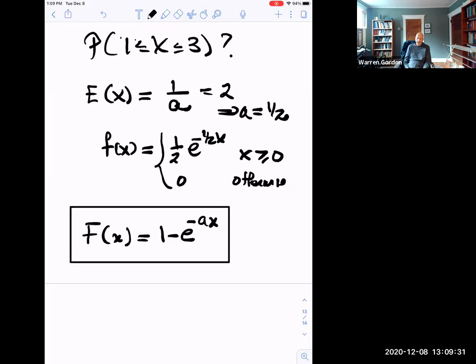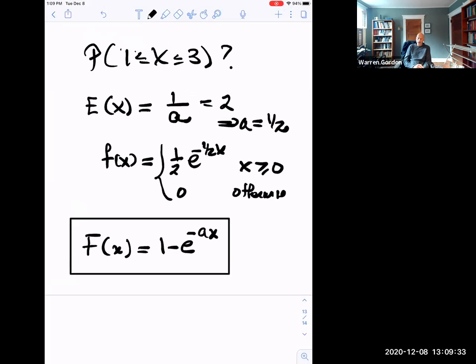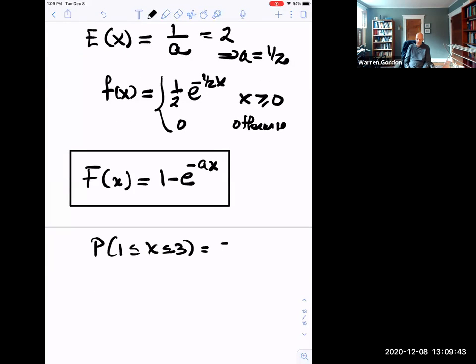Why is that useful? Because anytime you're figuring out a continuous probability, notice the answer to the problem that I want to find is just equal to F of 3 minus F of 1, using the CDF, right? The CDF is really very useful for continuous distributions.